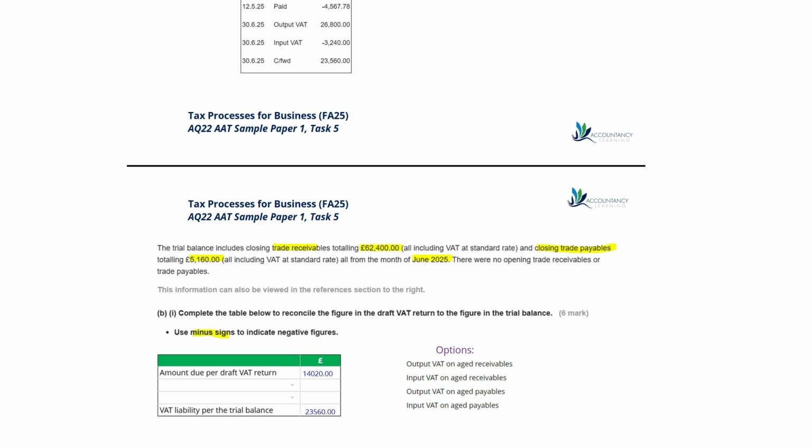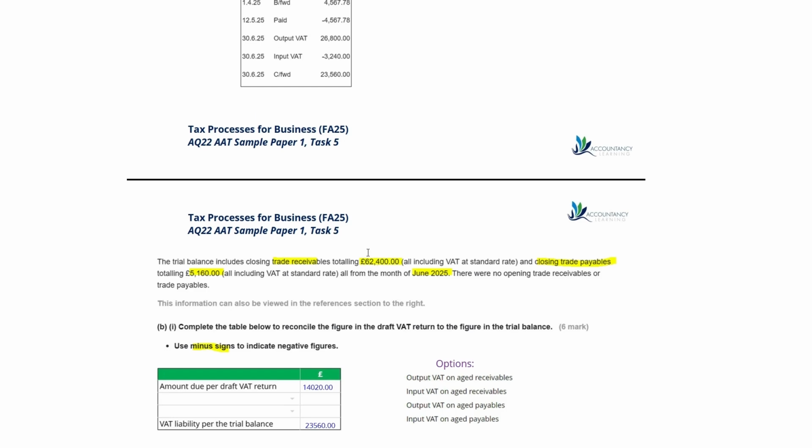Now, when we have a look, we are told about our trade receivables and trade payables. Now, when we work out the VAT, so looking at trade receivables here, we can see that we've got 62,400 inclusive of VAT.